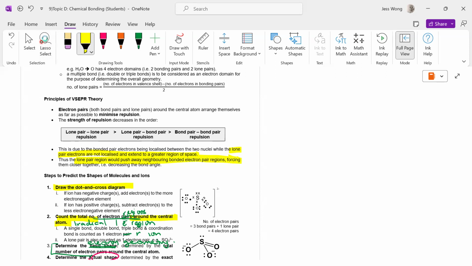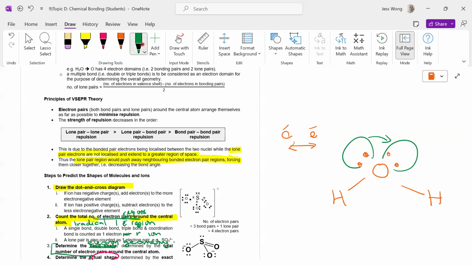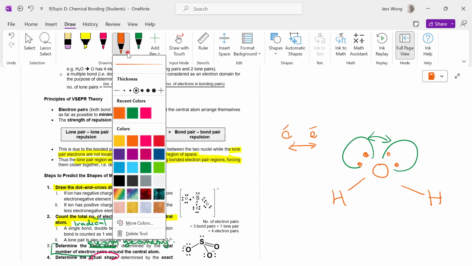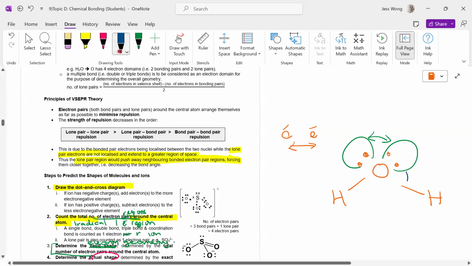So what we are seeing is that any repulsion, because electrons are of the same charge, that comes from lone pair tends to be stronger. So a lone pair repulsion, for example in this case in water, these 2 lone pairs pushing each other away, is very strong, and is much stronger than the push between the lone pair and bond pair here in blue.